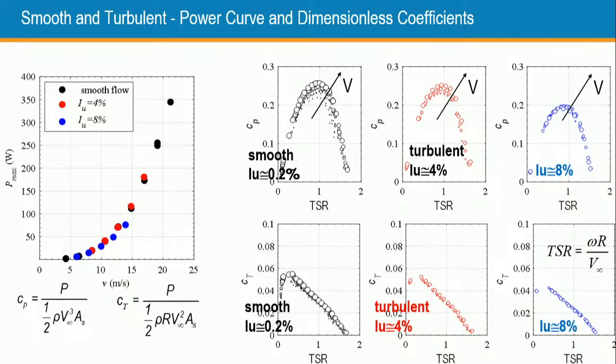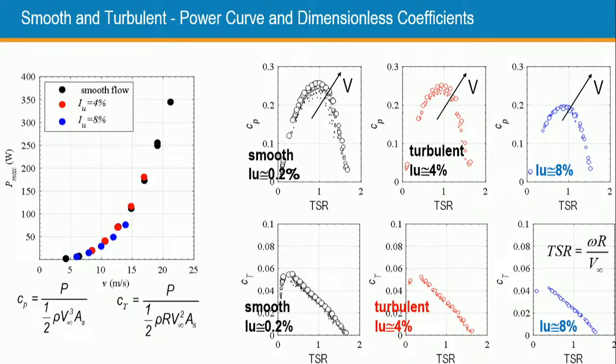You can see in terms of maximum produced power that the blue symbols refer to the turbulence intensity of 8%, and this diagram shows that, as expected, the power production decreases with turbulence.